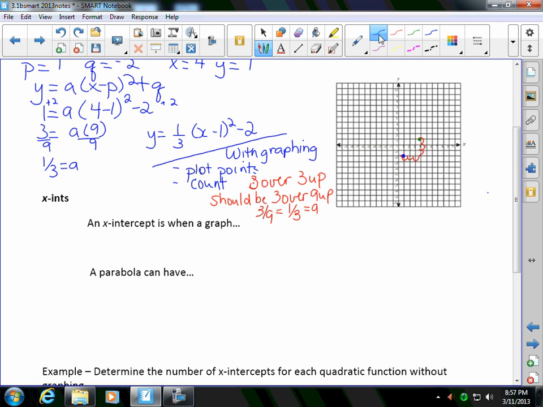So x-intercept. We know that an x-intercept is when a graph crosses the x-axis. You can find this by looking at the graph, which they just call inspection.